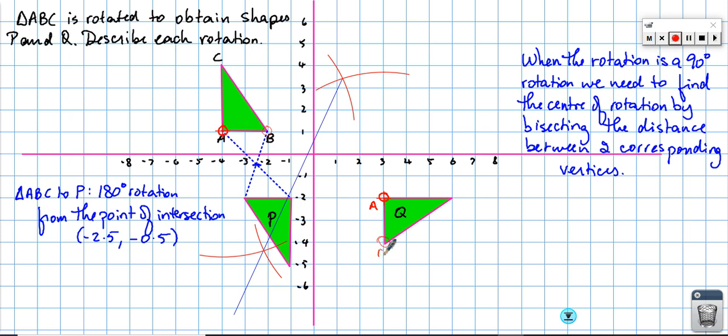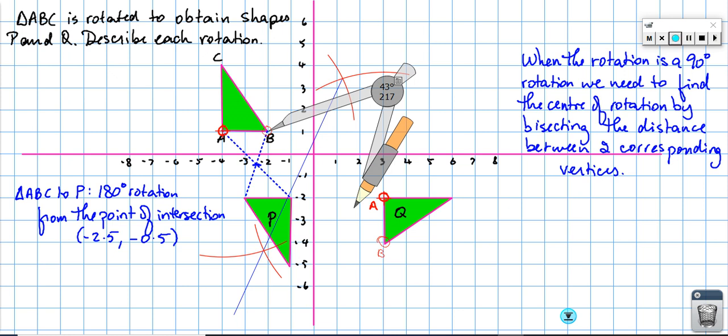That's my other B. I'm going to do the same thing again by bisecting distance from B to B. I'm going to open the compass about 3/4 of the distance.